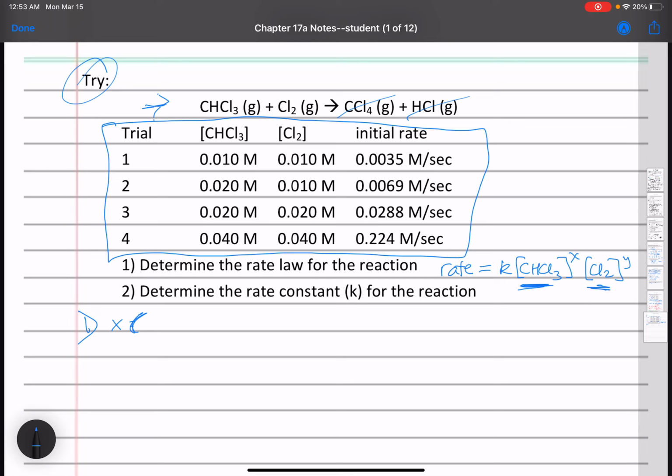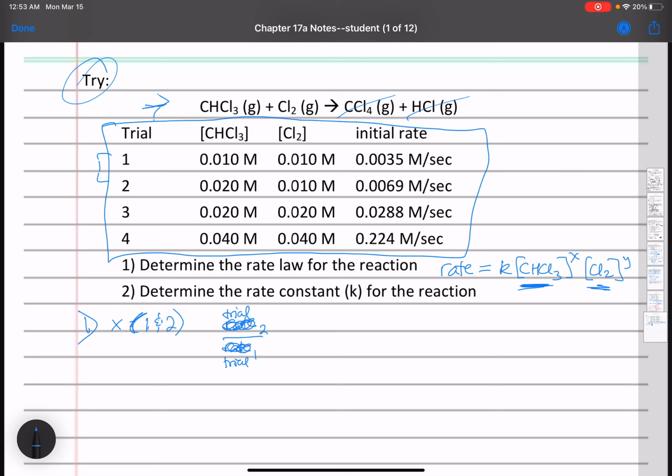The only trials I could use actually are trials 1 and 2, because those are the only two trials where the concentration of the chlorine gas is not changing. It's the same. I always like to do the faster rate on top and the slower rate on the bottom because it just makes the math easier. Trial 2 over trial 1 is how I'm going to set this up.